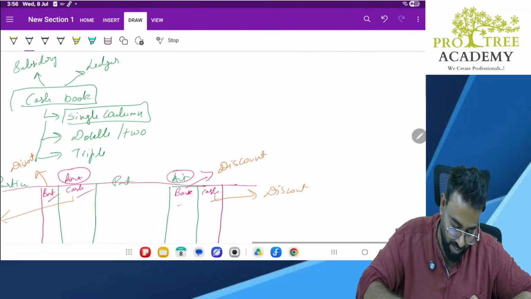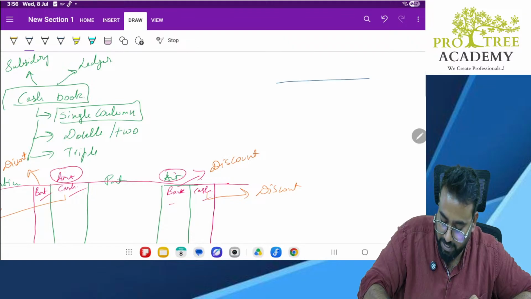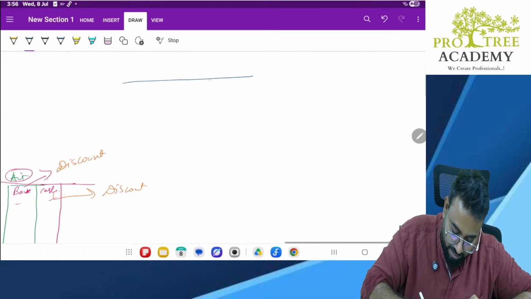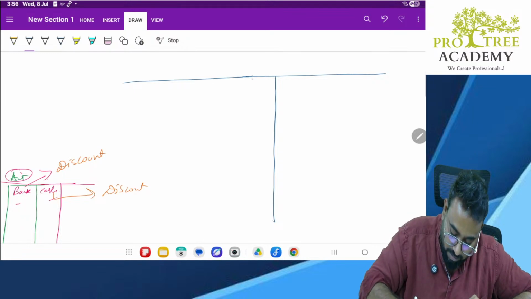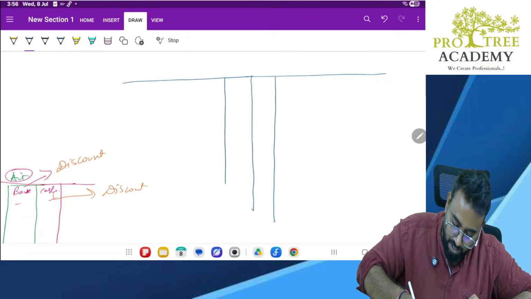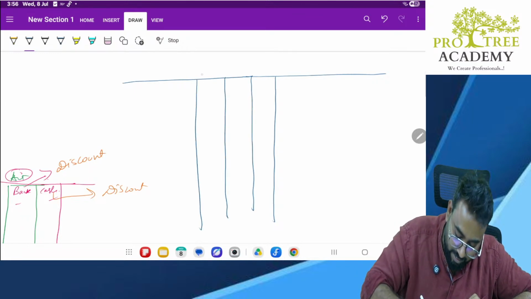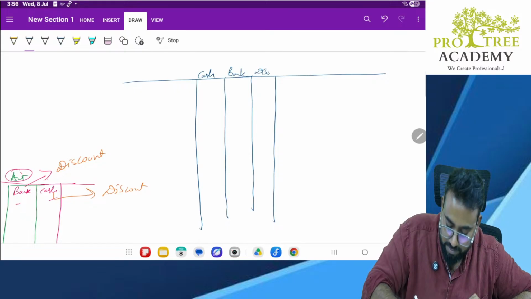Next, triple column cash book. What will be there in a triple column cash book? All 3 put together: cash, bank, discount.